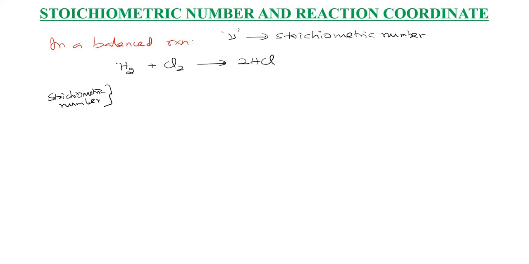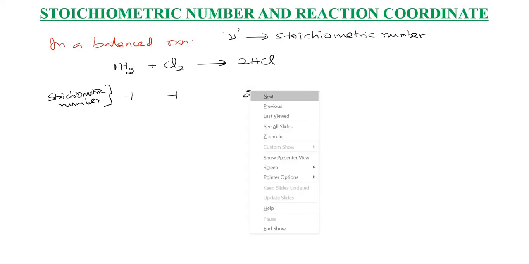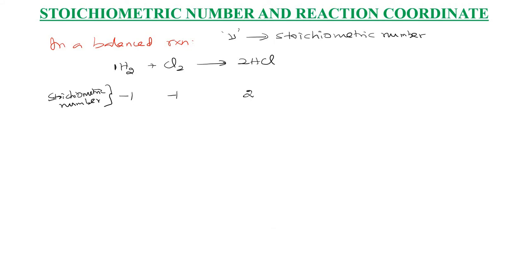So here we have one molecule, so I am going to give the stoichiometric number as -1. Similarly, for this reactant the stoichiometric number is -1, and for the product the stoichiometric number should be positive, so here it is 2.